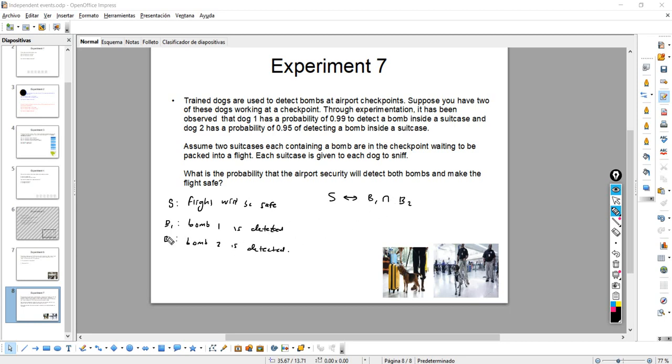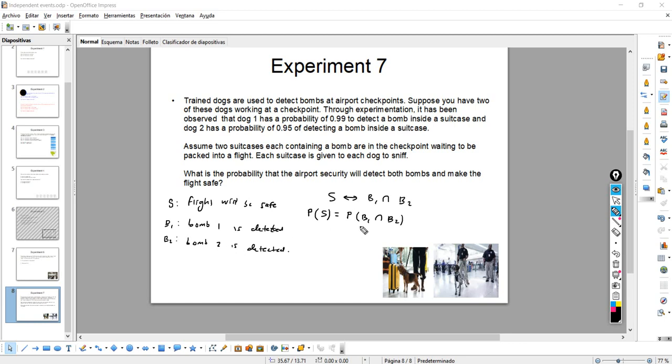So both of these events have to happen in order to make the flight safe. So we can see that this is equivalent to this. And if I want to calculate the probability that the flight will be safe, then that's going to be equal to the probability of B1 and B2. Okay, so this is the first equation I can come up with.